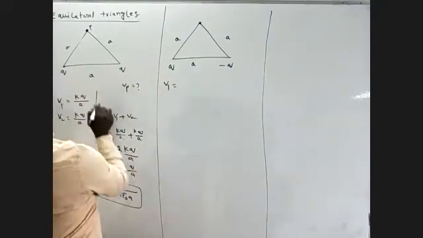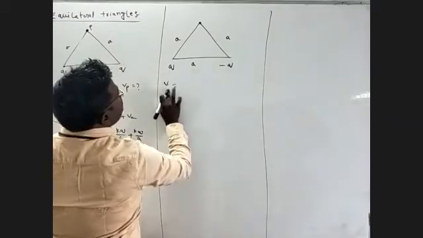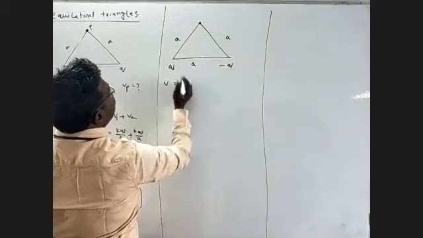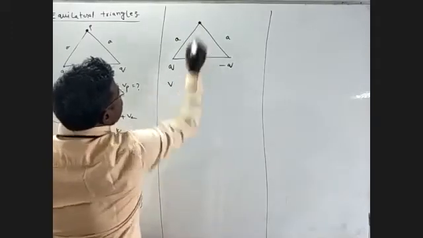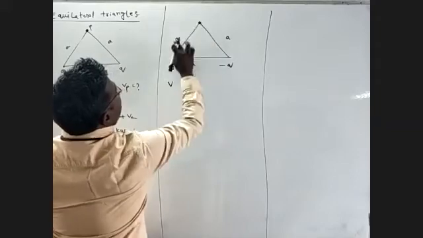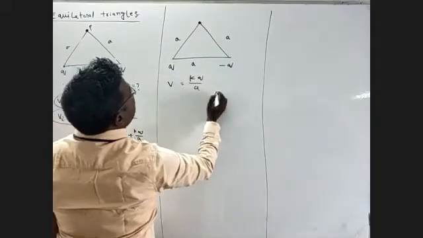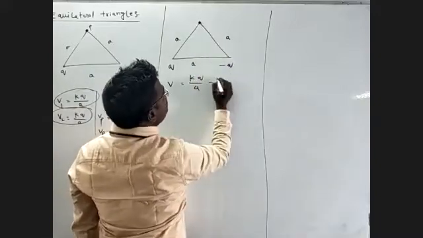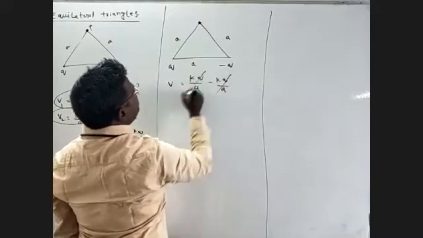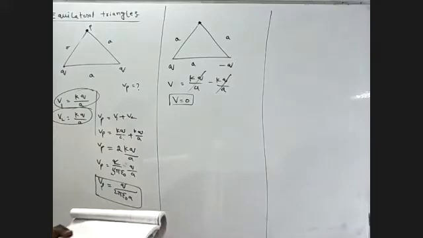V1 is KQ by A, and V2 is minus KQ by A. These cancel, so the electric potential at this point is 0. That is model number 2.